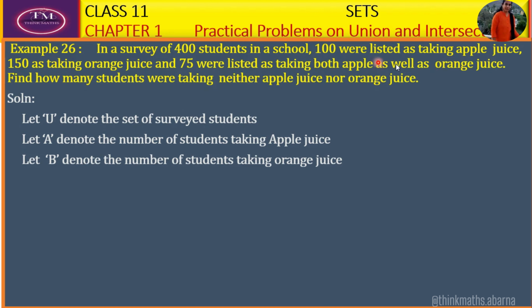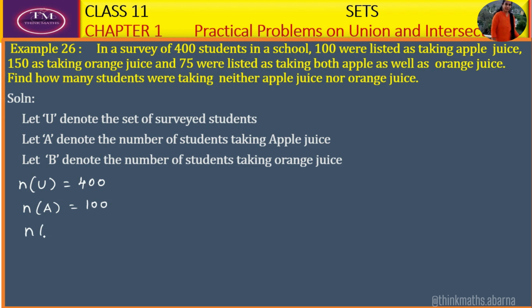Now, what are they? They are taking apple juice and orange juice. So let us take the students taking apple juice as A and number of students taking orange juice as B. Now what are all given? So number of elements in universal set is equal to 400. 100 were listed as taking apple juice. So number of students who take apple juice equal to 100. 150 as taking orange juice.